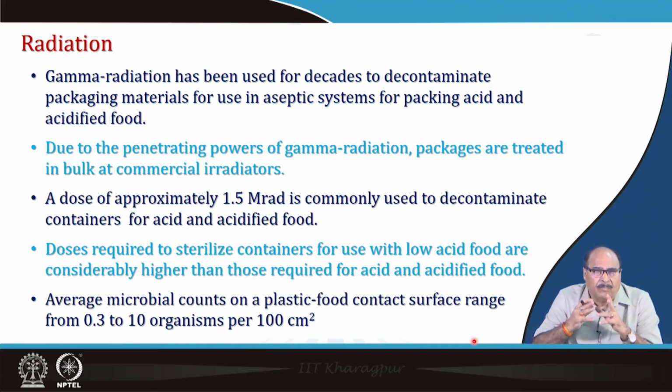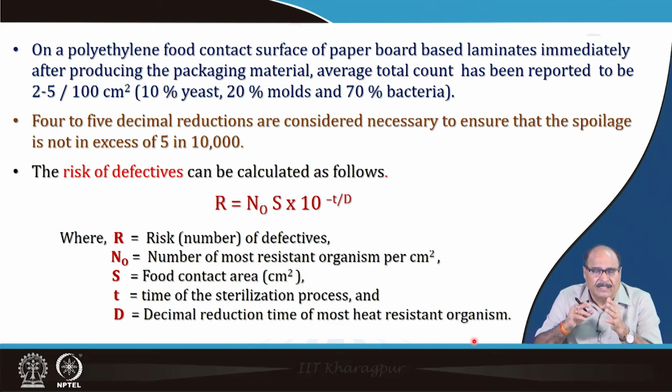The average microbial count on a plastic food contact surface ranges from 0.3 to 10 organisms per 100 square centimeter, as reported. Accordingly, the sterility should be calculated, that is, the risk of defect for sterilization of the packaging material.